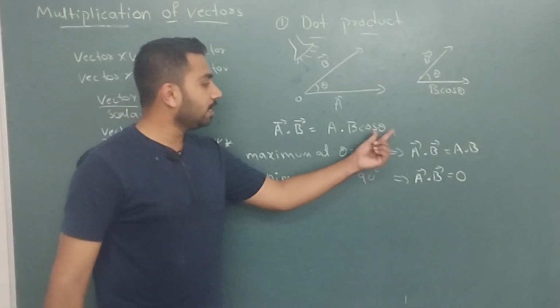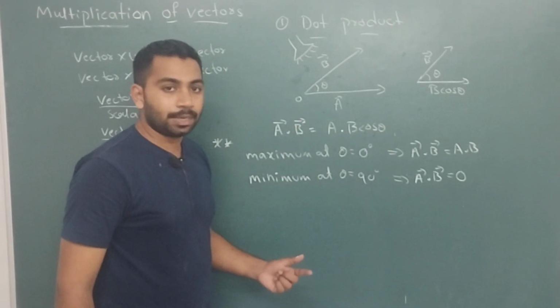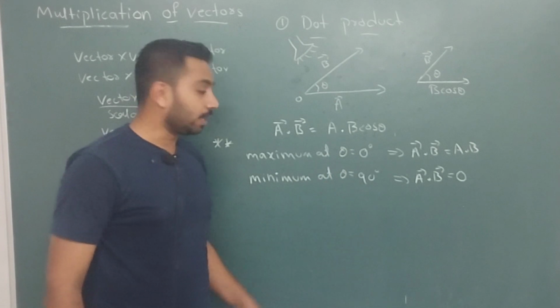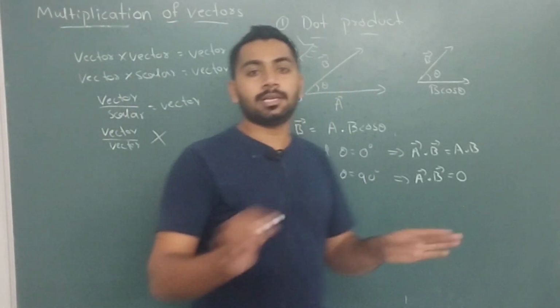If you keep 90 degrees here, cos 90 is equal to 0, then everything becomes 0.